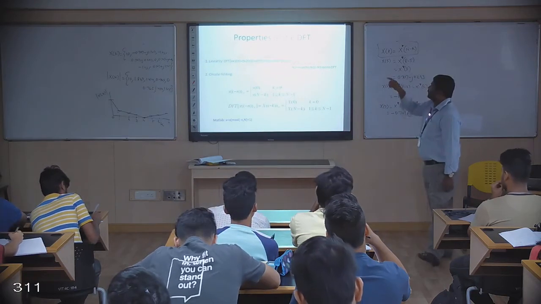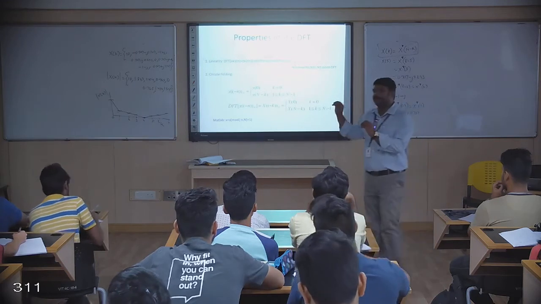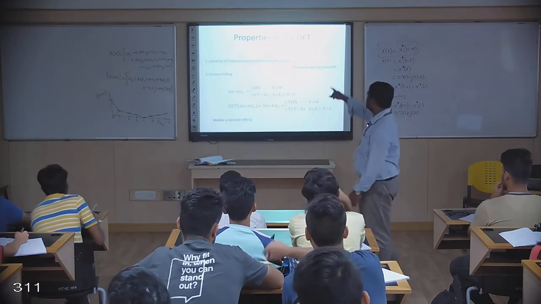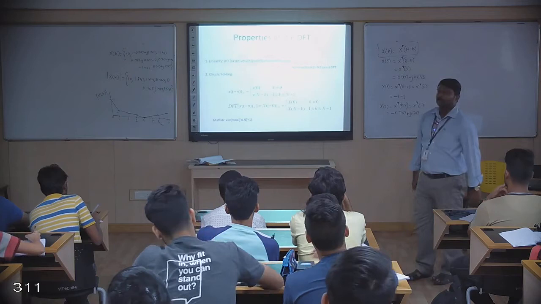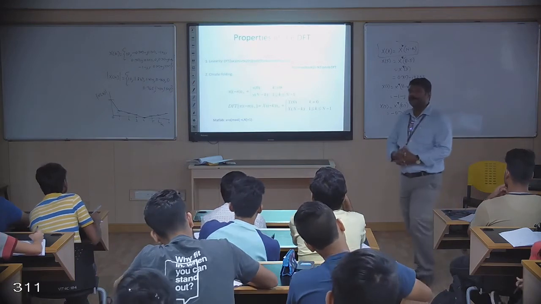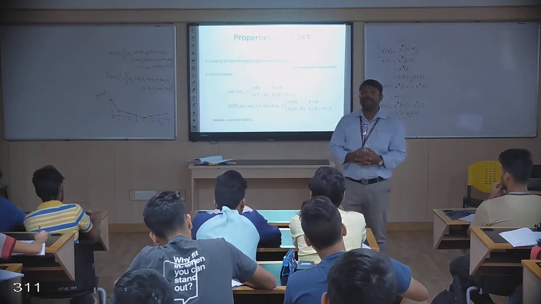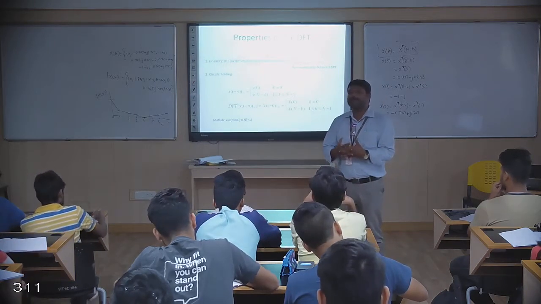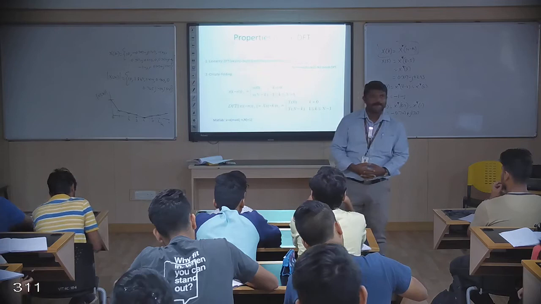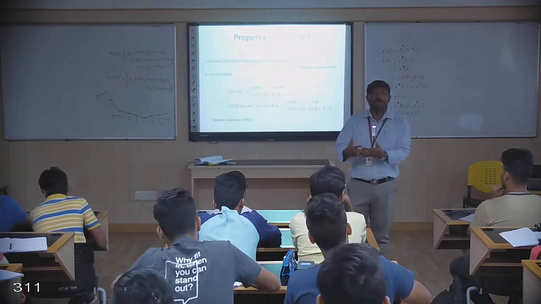Now I have listed some very important properties of DFT. The first one is linearity. What is linearity? In previous classes we have discussed linearity of a system. How will you define a system is linear? It has to obey the superposition theorem.